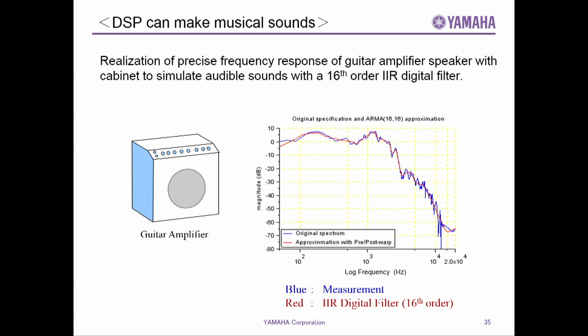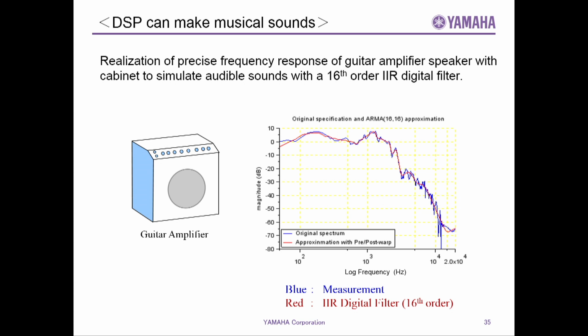In this case, it was from the output of the amplifier to the microphone, meaning that there is air transmission and the speaker magnitude response there. So the blue line is very complicated, a very, very precise structure.